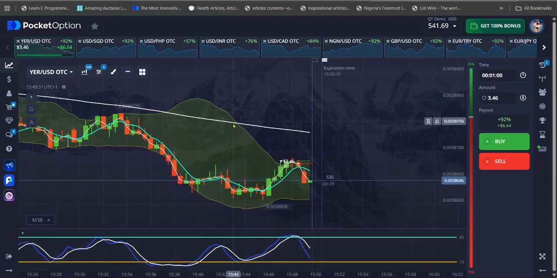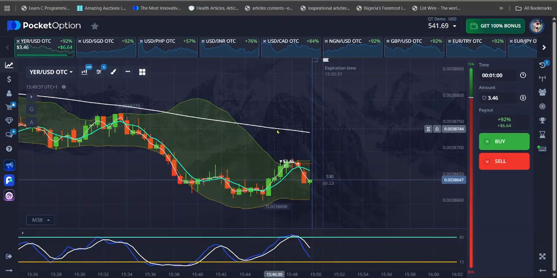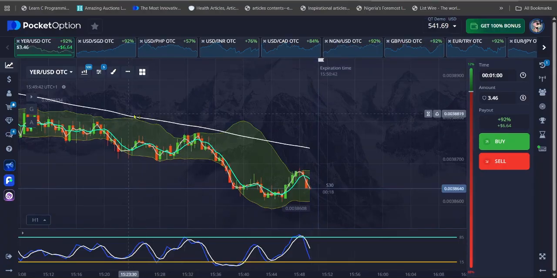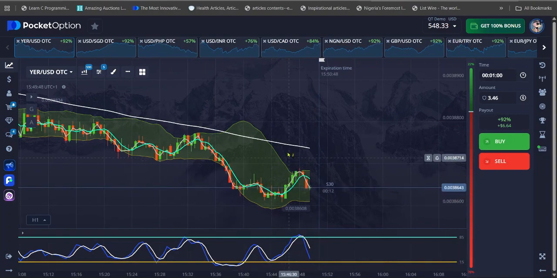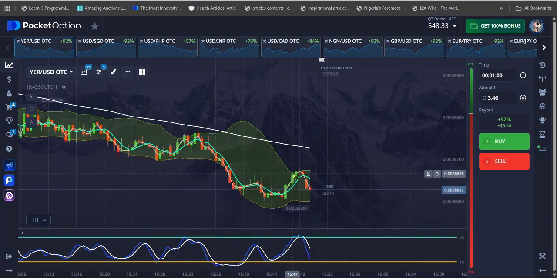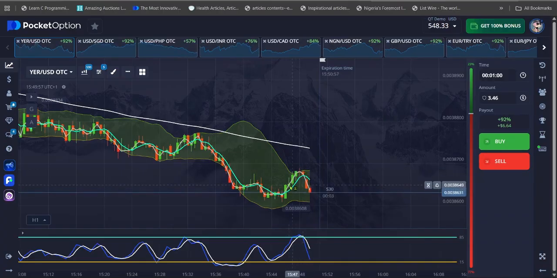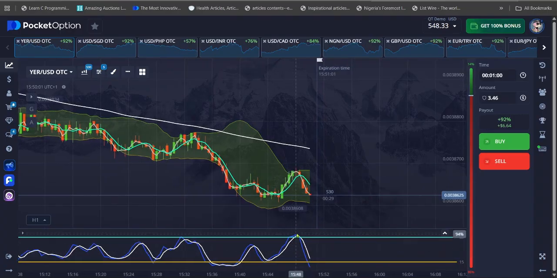Now, the reason I took this trade is that you can see the 100 moving average is showing that the trend of the market is bearish. I also saw that the candlestick touched the Bollinger Band upper band and crossed it here, and here too.